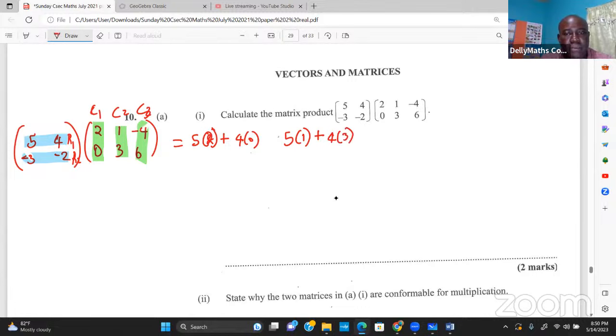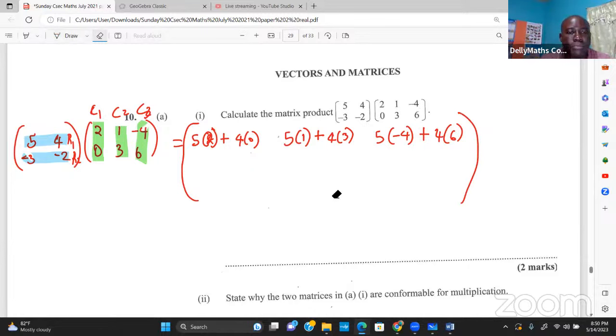Then it's going to be 5 times -4 plus 4 times 6. So there it is. I just did my row 1 up there, row 1 with all the columns.